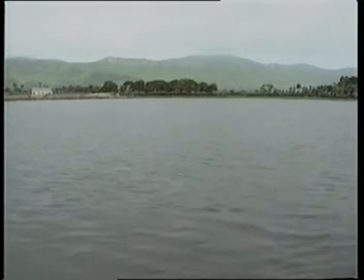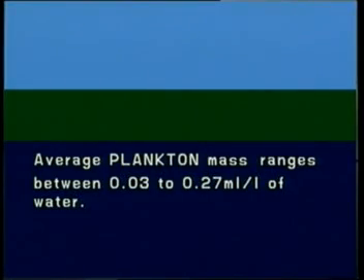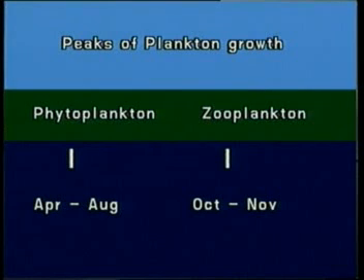The productivity of the lake is evident from the average plankton mass that ranges between 0.03 to 0.27 milliliters per liter of water. The plankton growth shows 2 peaks, one during April to August, the other during October to November.